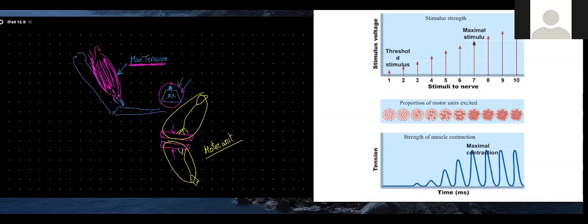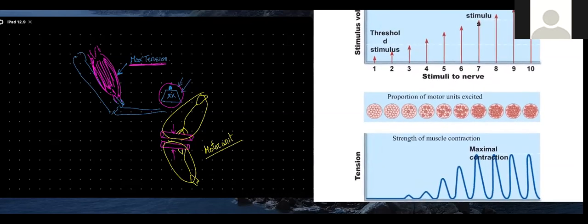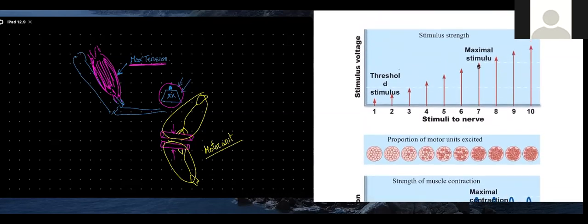One of the factors that will determine the force of tension created by the muscle is going to be the strength of the stimulus. Remember, what do we call the minimal stimulation that can create a muscle contraction?